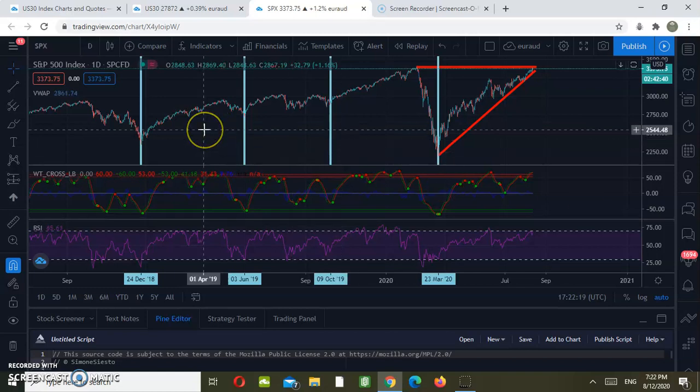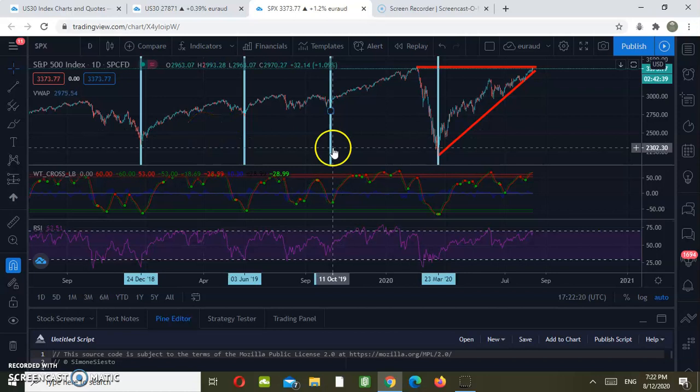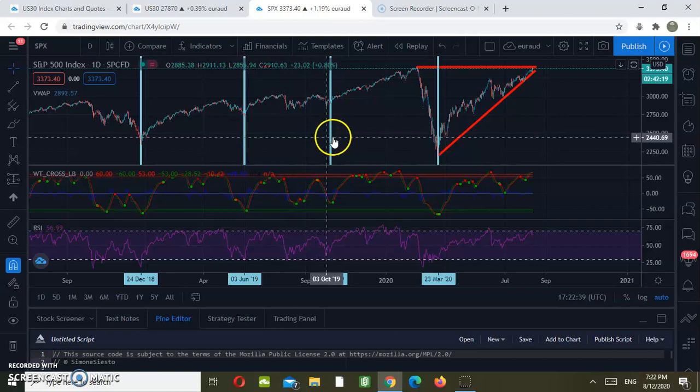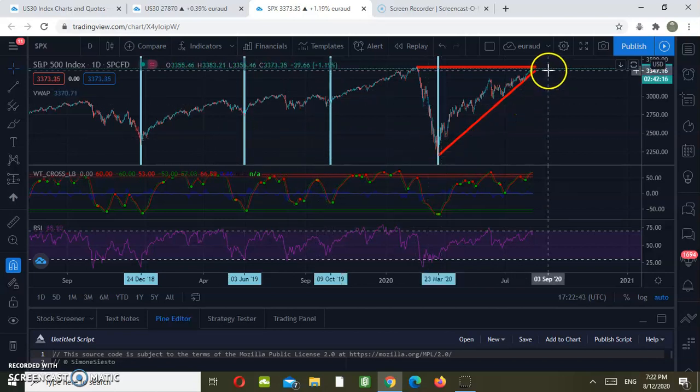Now, if we analyze the cycle, I've been detecting a 5 month cycle, which means, as you know, that cycles cannot be perfectly symmetrical to each other. It's always difficult to time the market. As you can see here, we have a 4 month cycle, while here we have a 5 month cycle, and now it seems we are in another cycle which seems to be longer.